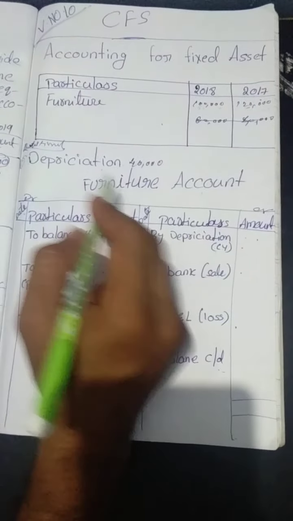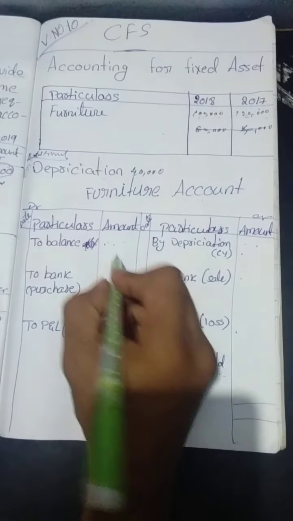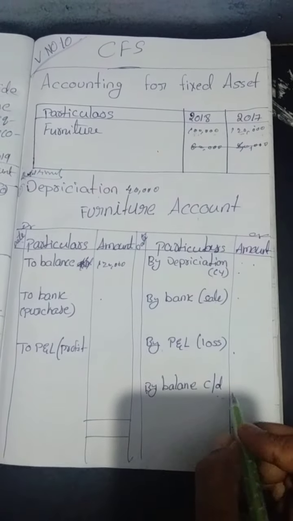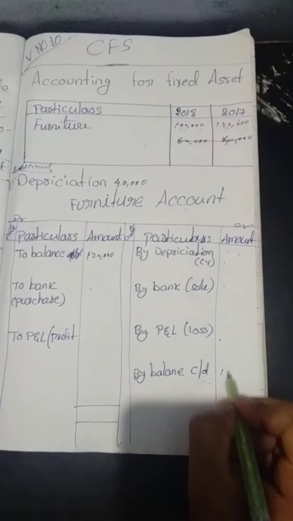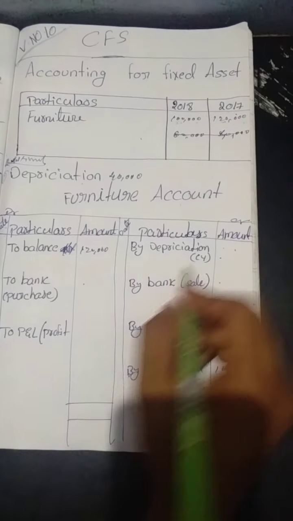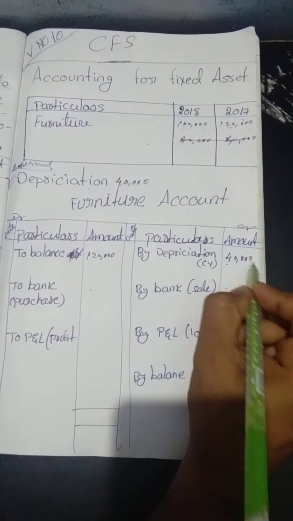Let us see according to this example. Here 1,20,000 will be there, and here 1 lakh will be there. Depreciation is there, 40,000.